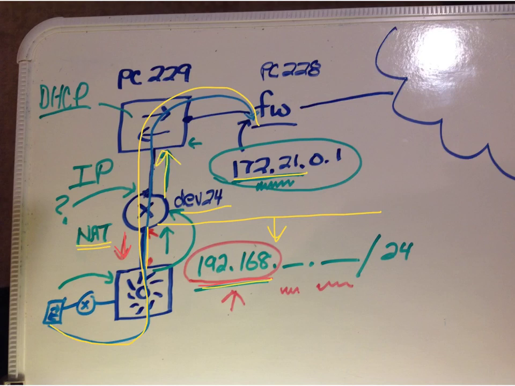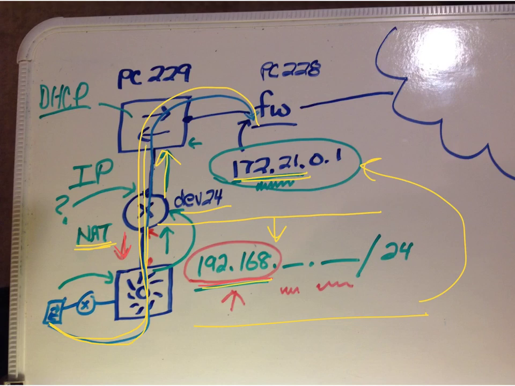What NAT does is convert these addresses to addresses on this network. We'll learn more specifics later. So when it hits this switch, it's on this network, and that happens every time you ping.